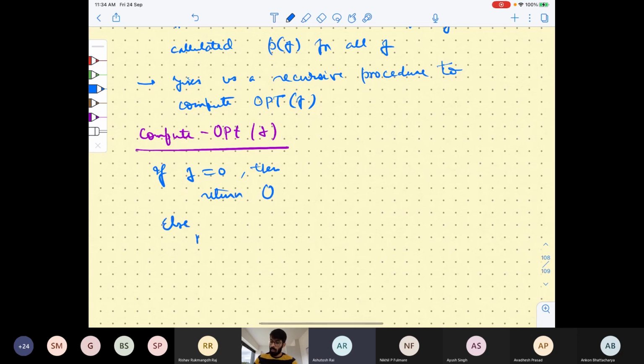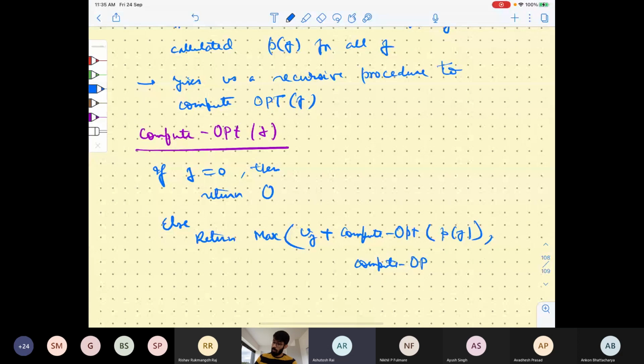Else, return the max of these two values, right? vj plus compute opt of pj, comma, compute opt of j minus 1. Sorry, not pj minus 1, j minus 1.